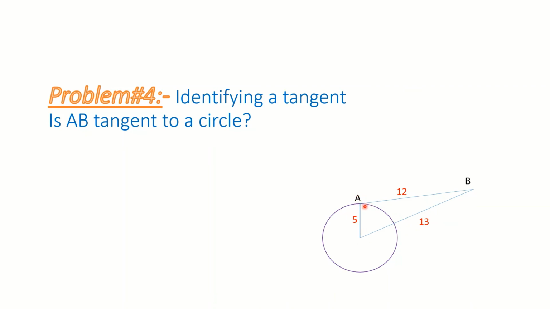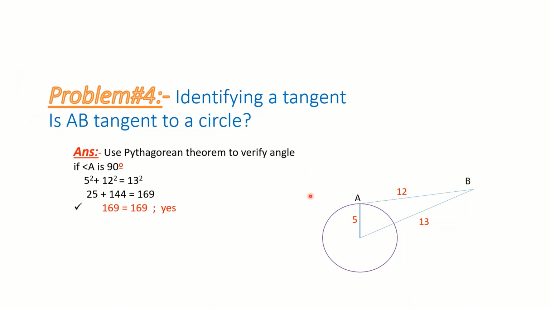If angle A is 90, then you can apply the Pythagorean theorem to verify. 5 squared plus 12 squared is equal to 13 squared. If this is a right angle triangle, which means if angle A is a right angle, this is true that 5 squared plus 12 squared must be equal to 13 squared.